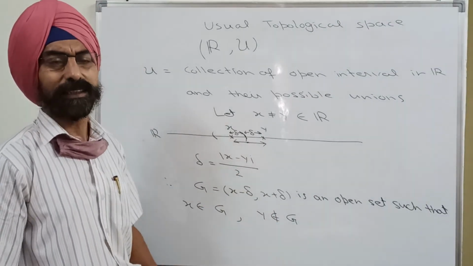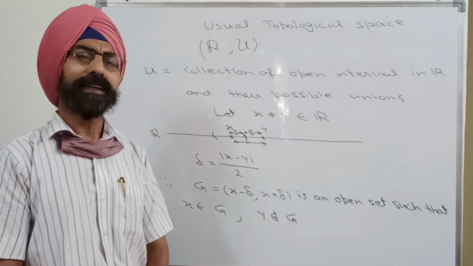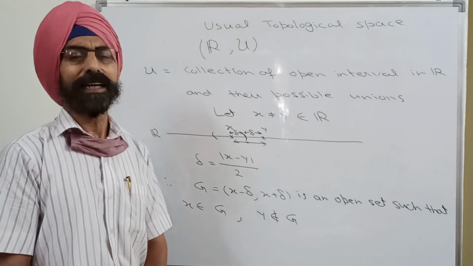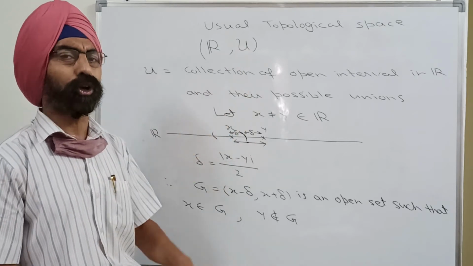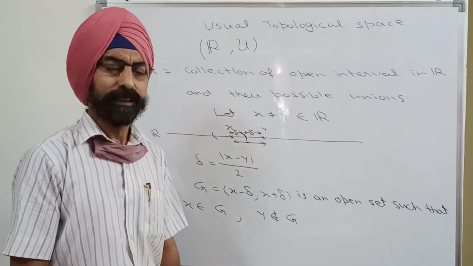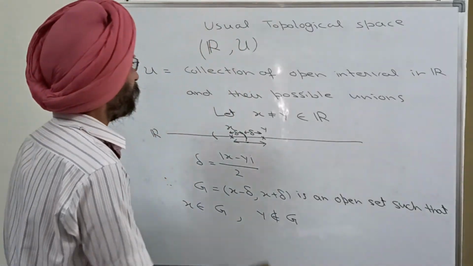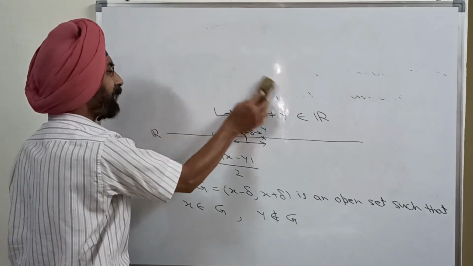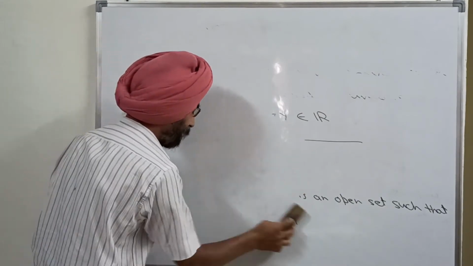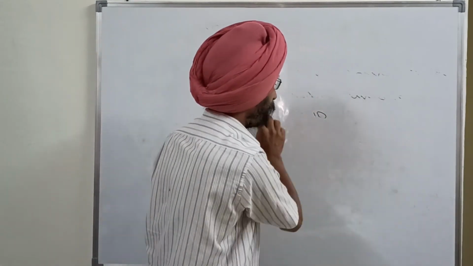Whatever the case, we have an open set containing one of the elements and not containing the other element, which will make this topological space a T naught space. So that means the usual topological space is also a T naught space.